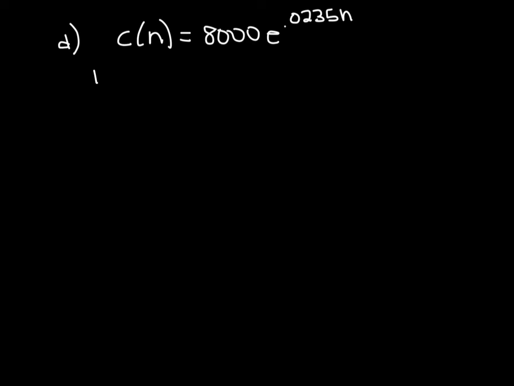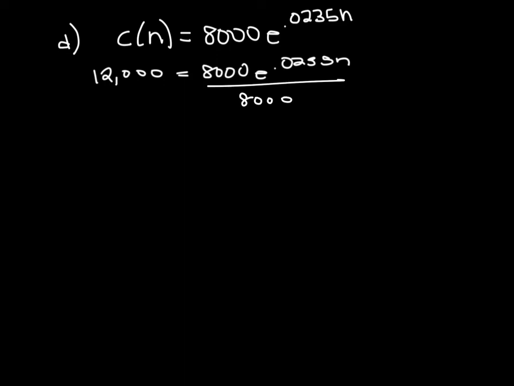So I'm going to replace the left-hand side of the equation with 12,000, and then you can just bring down the right-hand side. We're trying to get the e to this power by itself, so in order to get rid of the 8,000, let's divide both sides by 8,000. And 12,000 divided by 8,000 is just 1.5.